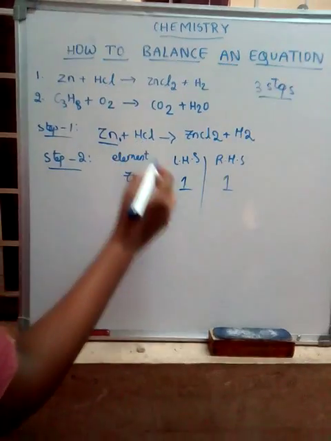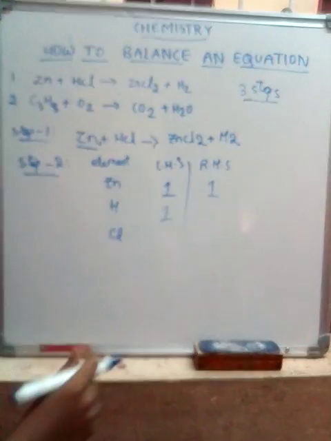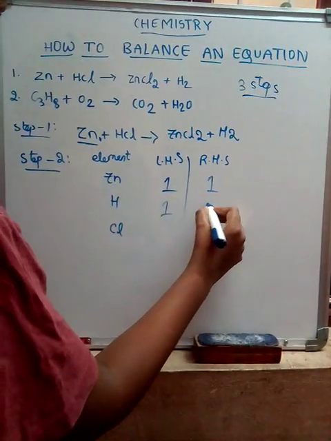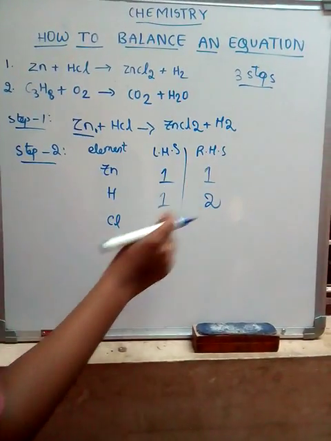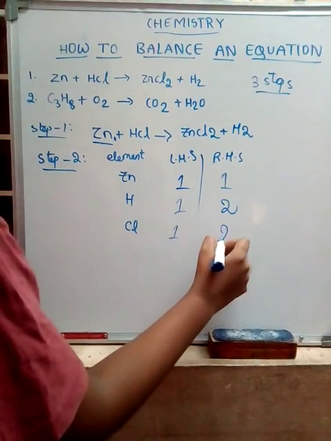Hydrogen has one atom on the LHS and two on the RHS. Chlorine has 1 on the LHS and 2 on the RHS.